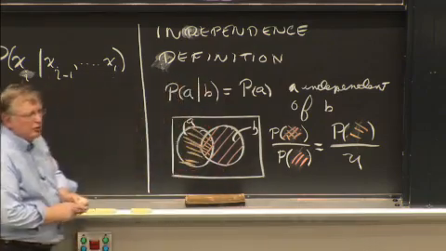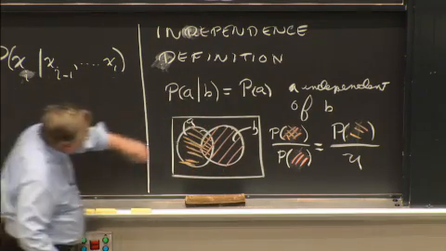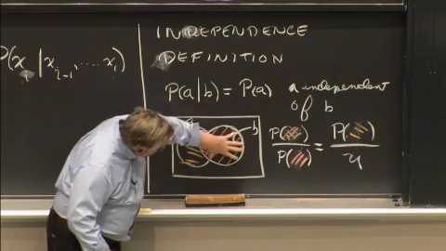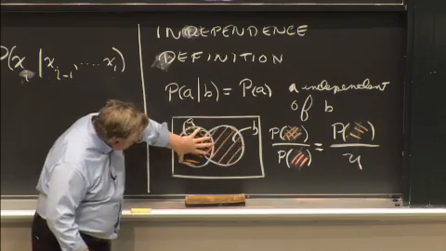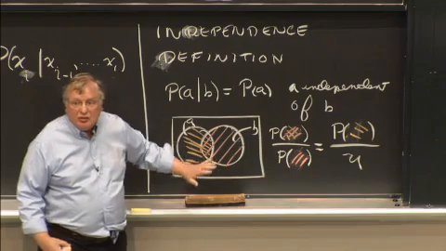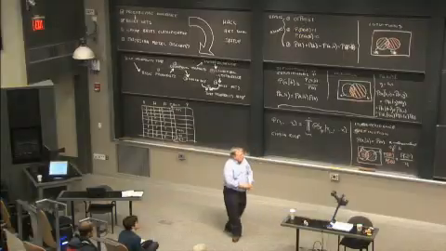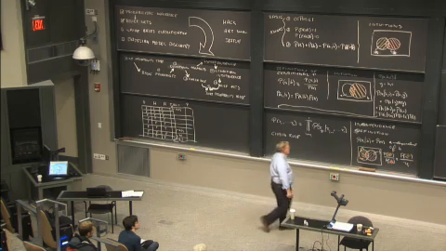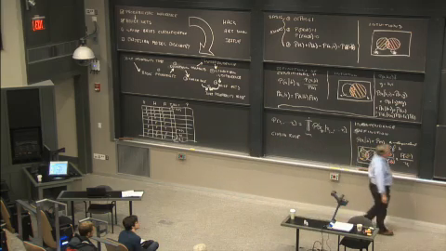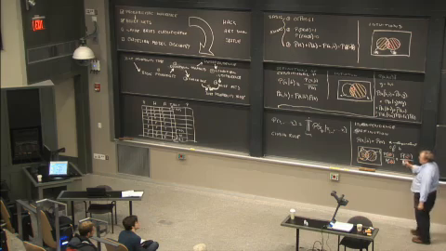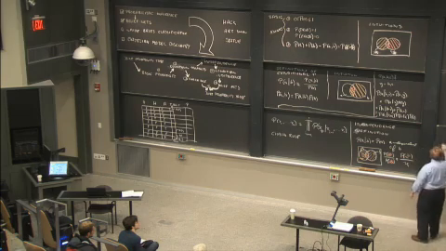That's all it means in the intuitionist point of view. So it says that this little area here, divided by this whole area, is the same as this whole area for A divided by the size of the universe. So that's what independence means. Now, that's quite a lot of work, but we're not done with independence because we've got conditional independence to deal with.